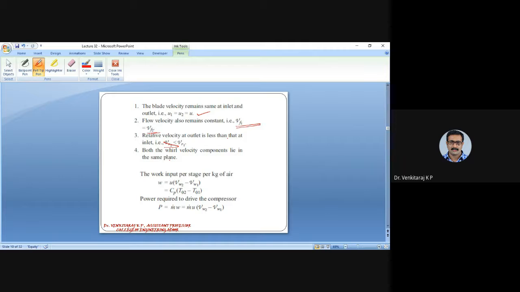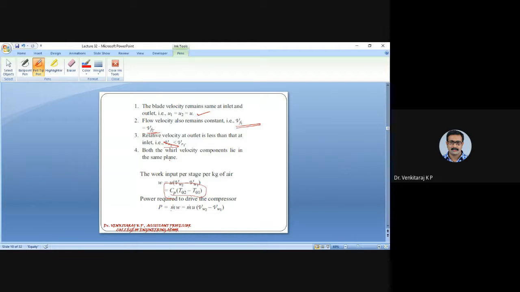So the work input per stage is u into (vw2 minus vw1), and in terms of the stagnation temperature, you can also write Cp into (T02 minus T01). So this is the work input per stage.